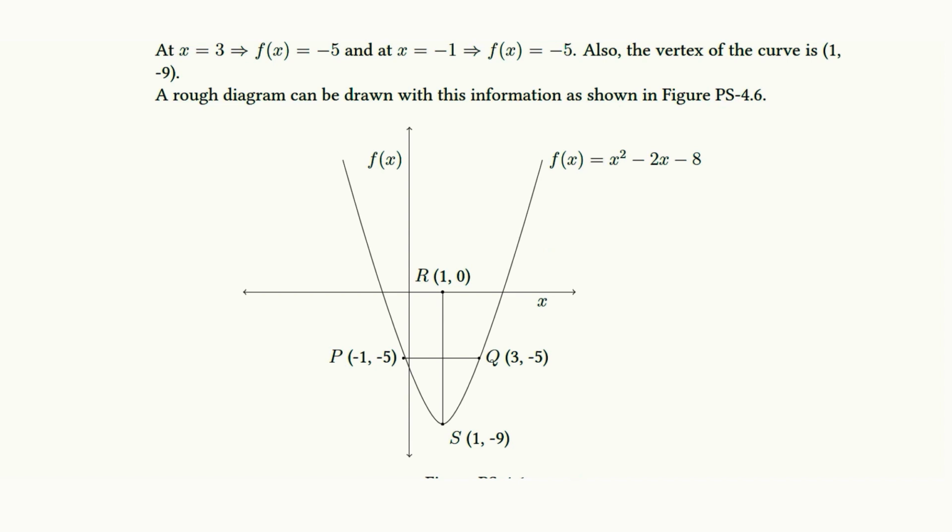For the curve f of x is equal to x square minus 2x minus 8, the axis of symmetry will be at x is equal to minus b by 2a. If you observe here, the value of b will be minus 2 and the value of a will be 1.